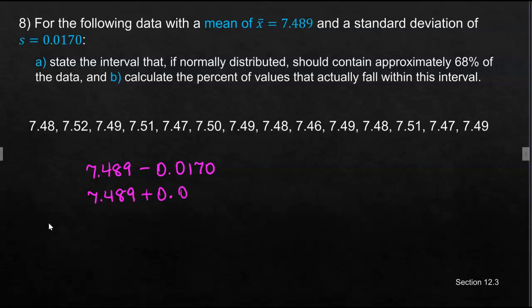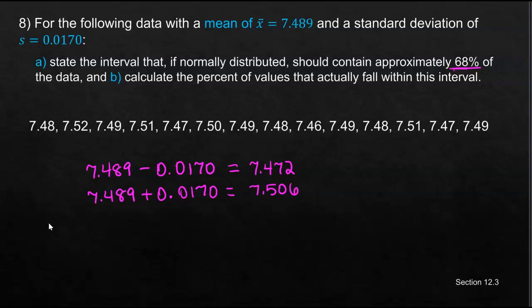And that's going to be our range of where the values might fall for about 68% of the data, because I'm asking you to find that. And so that gives us 7.472 and 7.506.